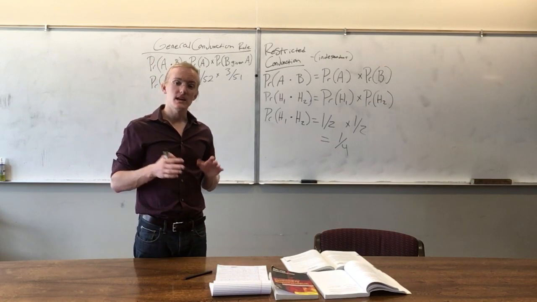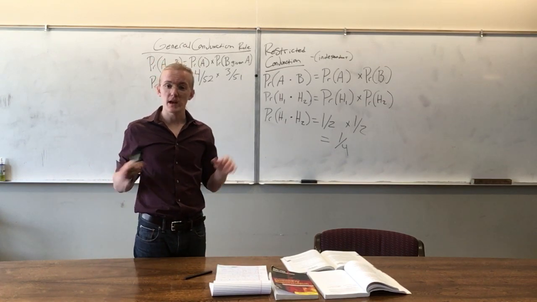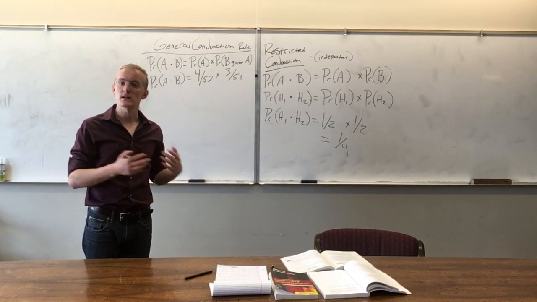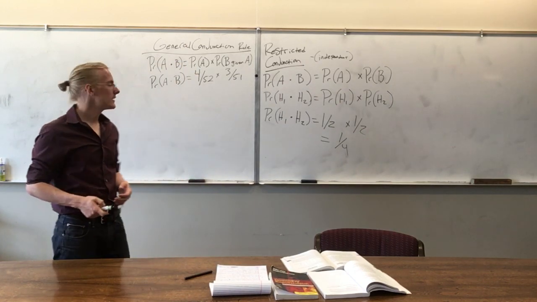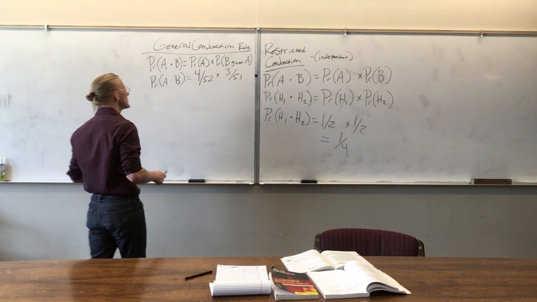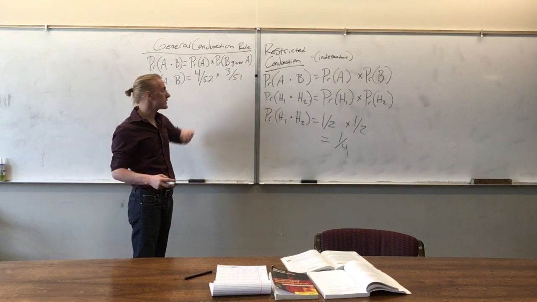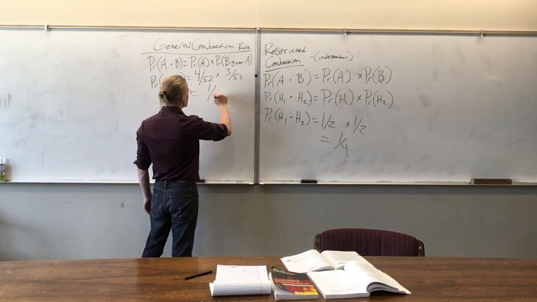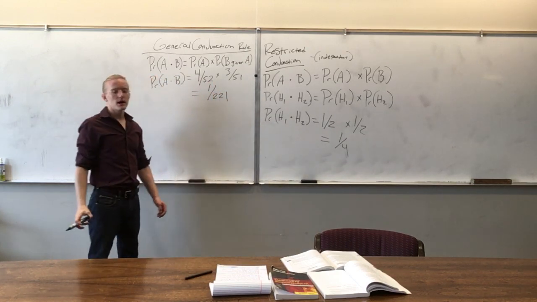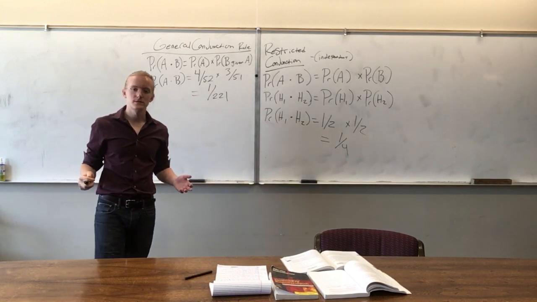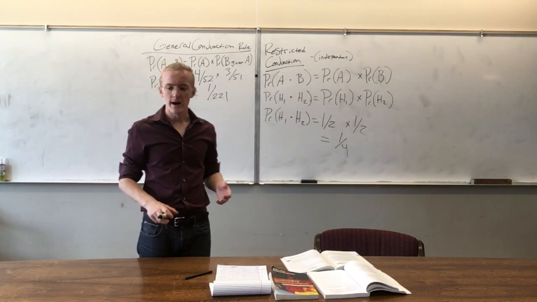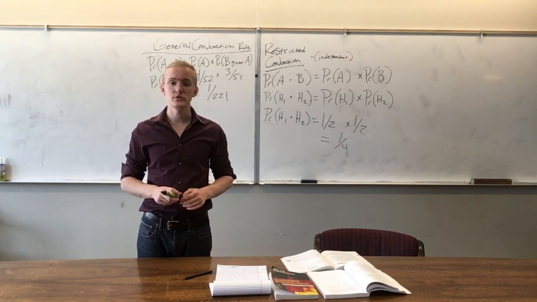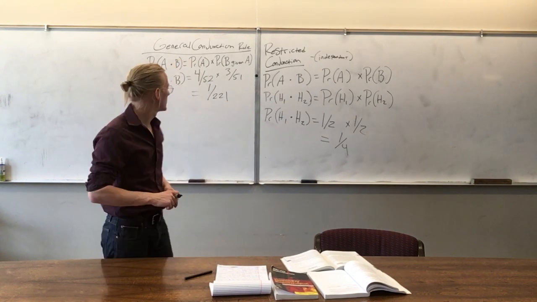But because the outcomes are dependent, or the outcome of B is dependent upon the outcome of A, the outcome of drawing a second jack is dependent upon the outcome of drawing a first jack, then we need a different probability value here. And it turns out that this equals 1 over 221. So one time out of 221 times, you will draw 2 jacks in a row from a deck of cards.